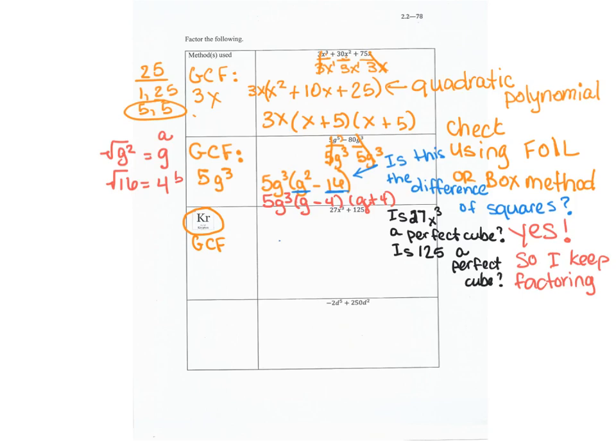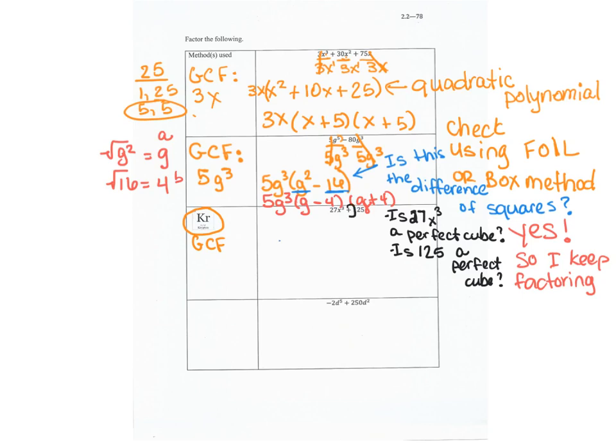If I can answer yes to both of those, remember on the page before we had the difference of cubes and the sum of cubes formulas. So they both, an addition sign and a subtraction sign, will have a formula. So if I can answer yes to both of these two questions, then that means I'm going to use one of my formulas.